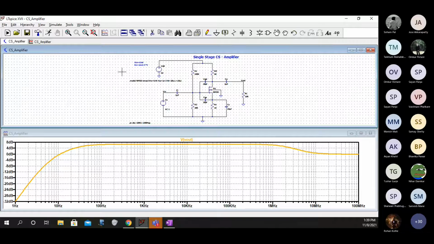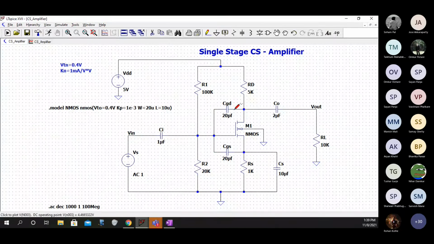So do this: increase the values of CGD and CGS and check what happens to the bandwidth. Increase these values and check.